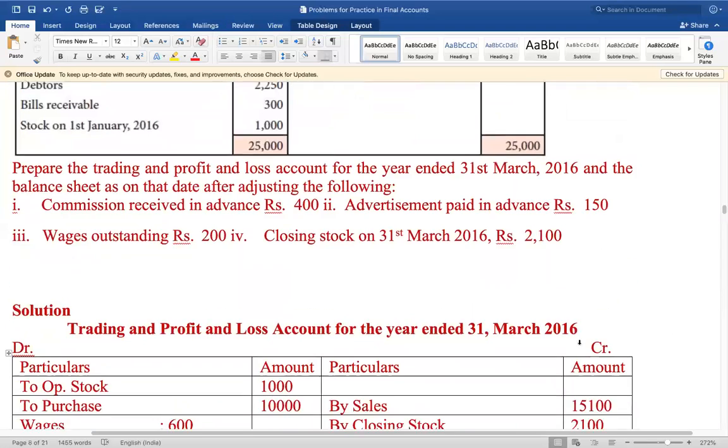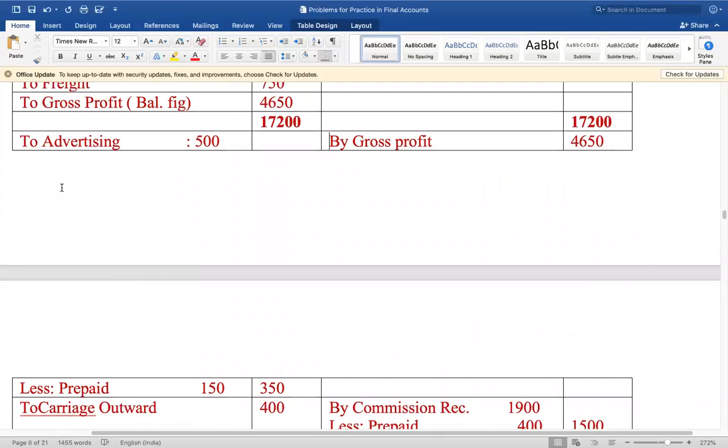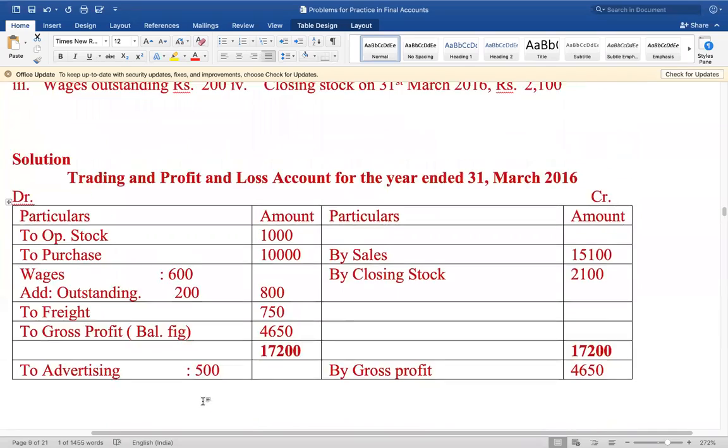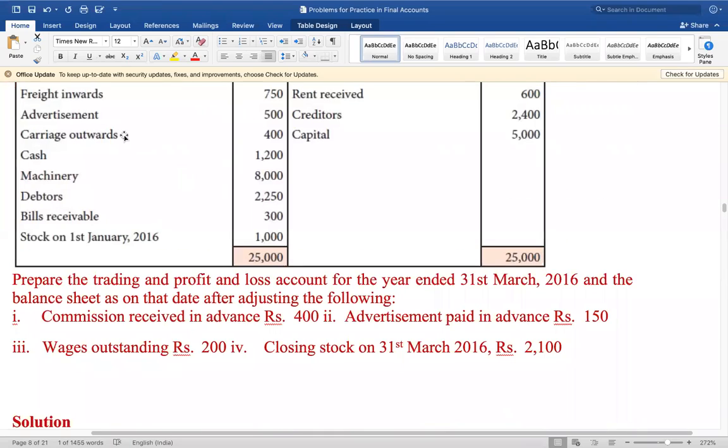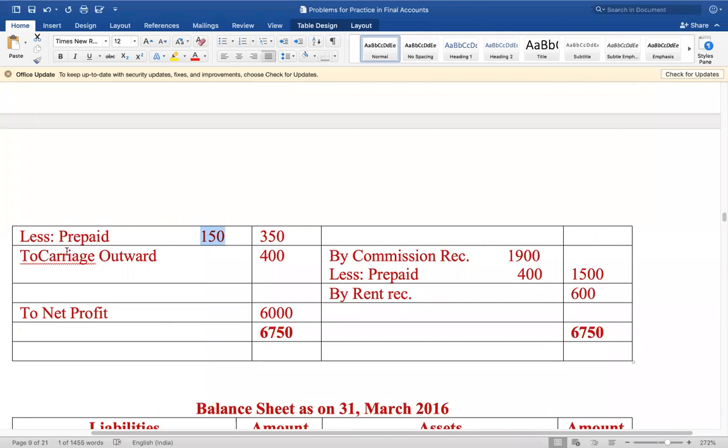Paid in advance, deduct prepaid advertisement. Advertisement 500 less prepaid 150, the difference is 350. This 150 will become asset. Remember that. Next is carriage outward 400.